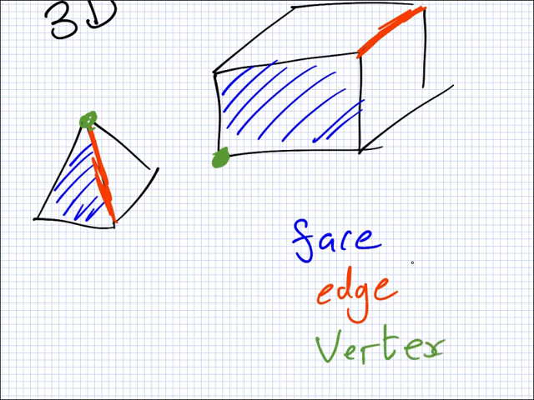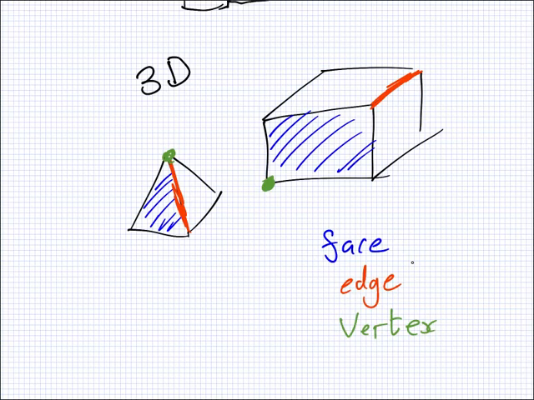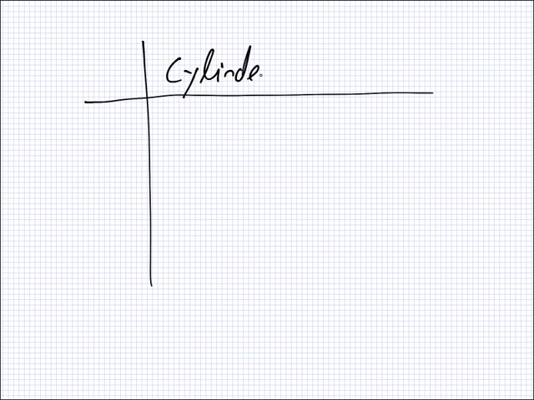So, what's the first shape in that second exercise? Cylinder, is it? Okay. So let me just help you with the first one here. What do I have?